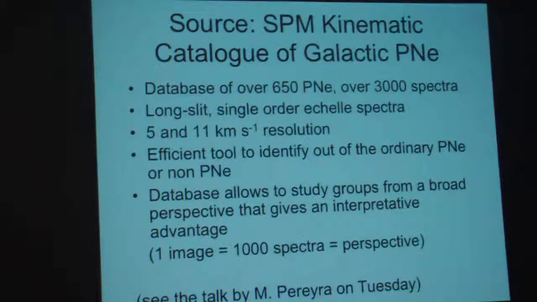And it is a very efficient tool to identify out-of-the-ordinary planetary nebulae, as I will show you. This database has allowed us to study groups from a broad perspective that gives us an additional interpretative advantage. As they say, one image is equivalent to 1,000 words, so when you have many spectra, what you get is essentially perspective on what you're studying.